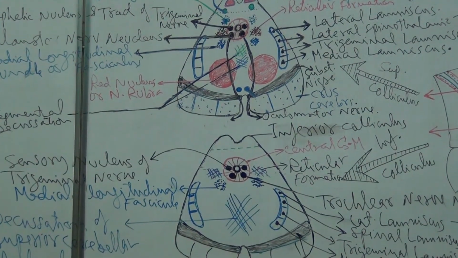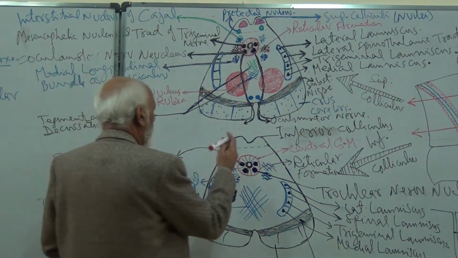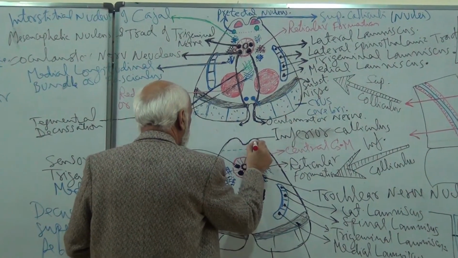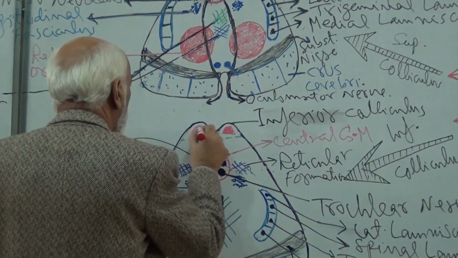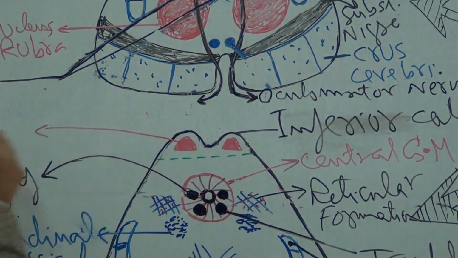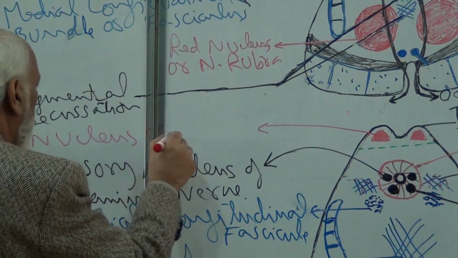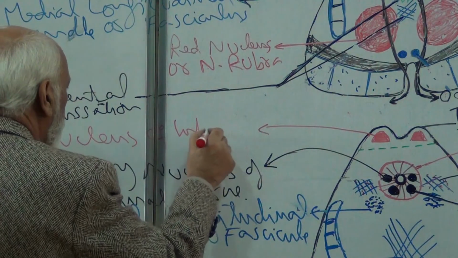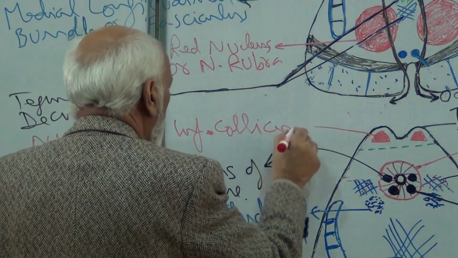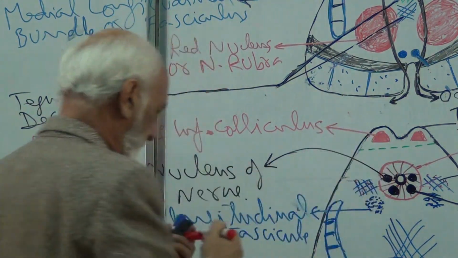Next, because this section is at the level of the inferior colliculus, here under the inferior colliculi will be the nucleus of the inferior colliculus on each side.